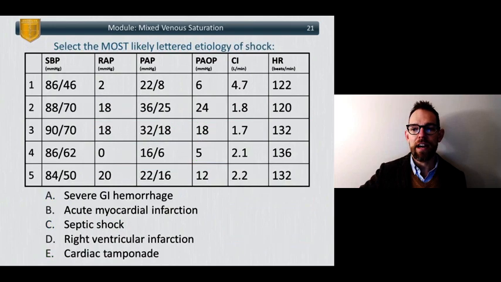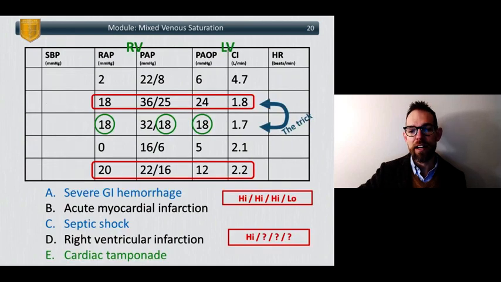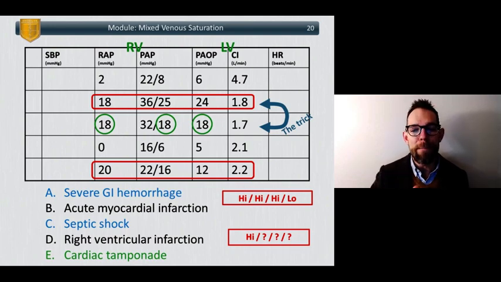Sorry, I fast forwarded too much. The one that has elevated right atrial pressures and dysfunction of the left side of the heart, so elevated PA occlusion pressures, is going to match up with B, acute myocardial infarction.